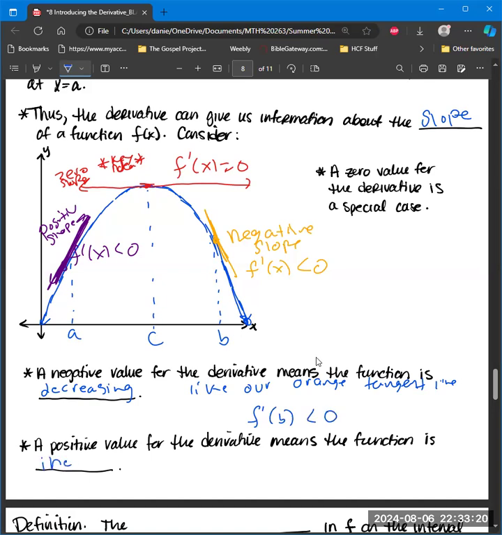This is increasing, like our purple tangent line. And f prime of A is greater than 0. And f prime of C here was equal to 0. That was our red tangent line.